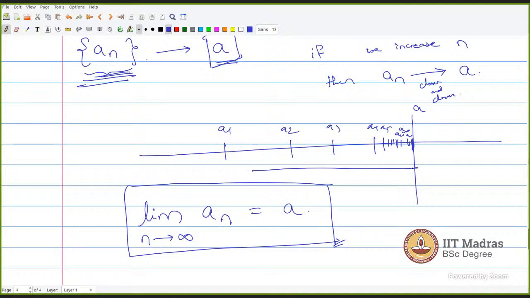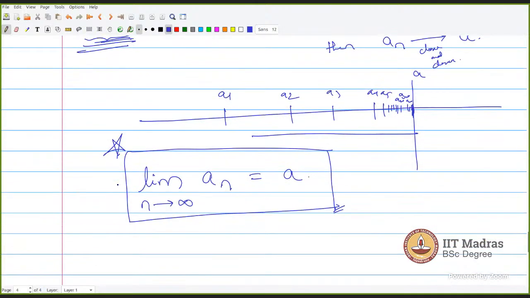I can write this only if this happens. If my sequence is getting closer and closer to some value A, once I am convinced that my sequence is getting closer and closer to a unique value A, then only I can write this. My limit of that particular sequence a_n will be equal to A when n tends to infinity.